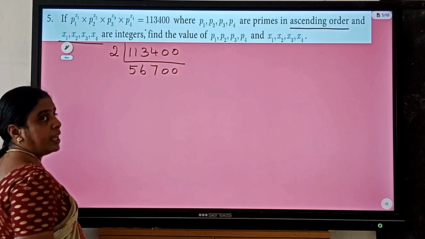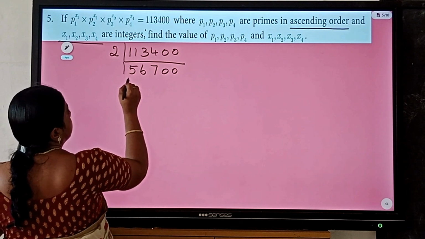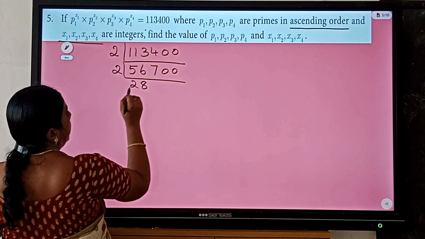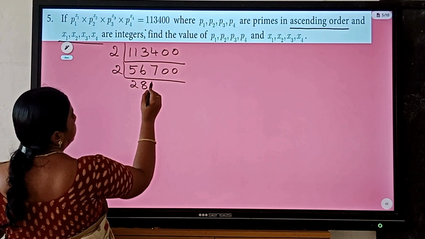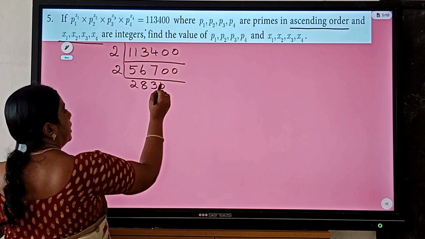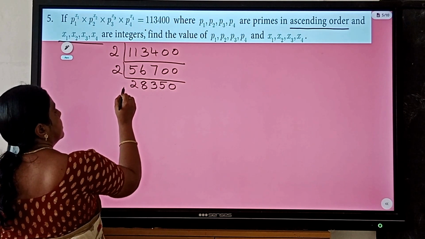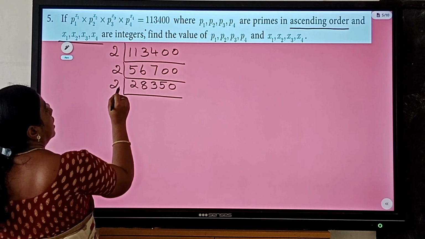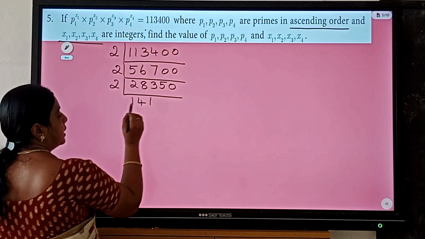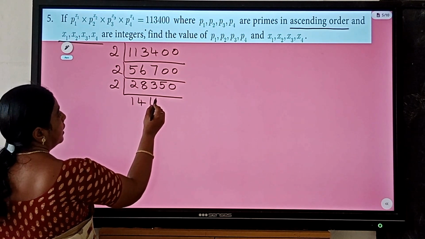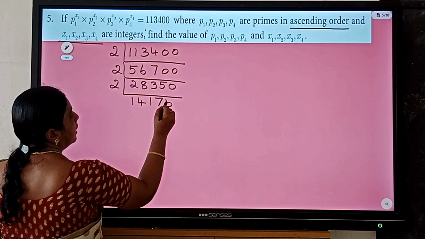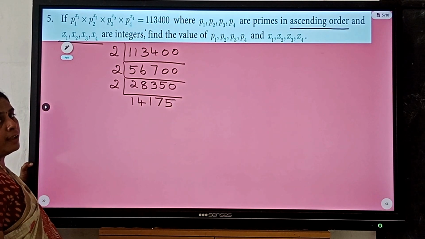Then we have the 2 zeros, 2 2s are 4, 1 remaining, 2 8s are 16. Then 2 3s are 6, 1 remaining, 2 5s are 10, 0. 2 1s are 2, 2 4s are 8, again 2 1s are 2, then 1 remaining, 2 7s are 14, you have one more 1 remaining, then 2 5s are 10.